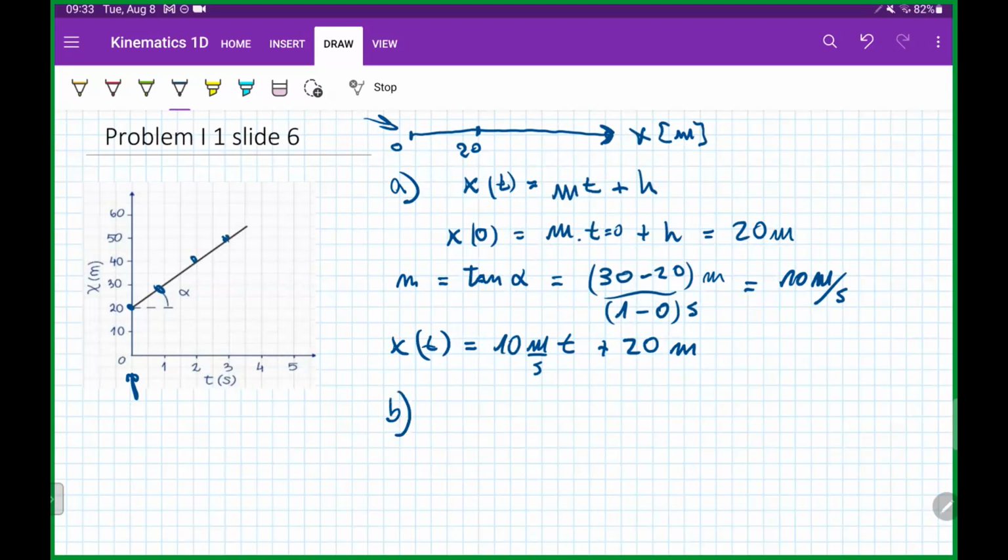So if we established an axis like this here, which is respecting the positive values that we have in our axis position here, the particle will be moving to the positive side of x.